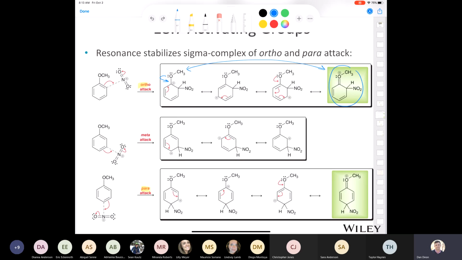You can see the positive charge here, and if I wanted to go from here directly to here, I would just draw a curved arrow like that again. And again, I'm repeating myself. The way the book is written is that when we have meta attack, we don't see that contributor. We don't have that fourth resonance contributor that we do when ortho and para attack occurs.